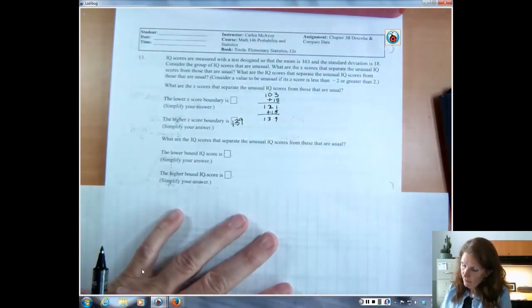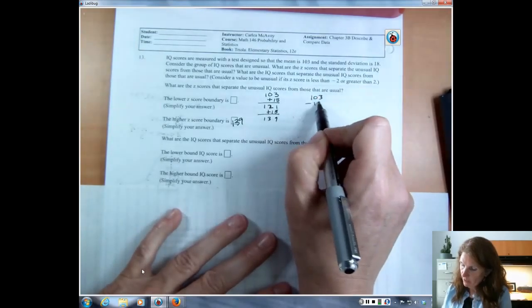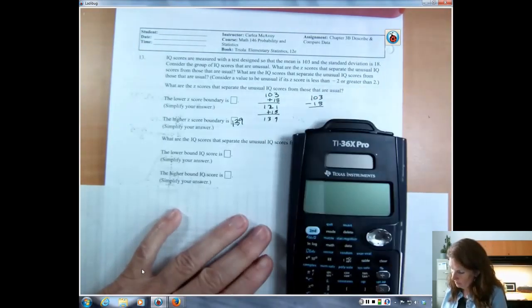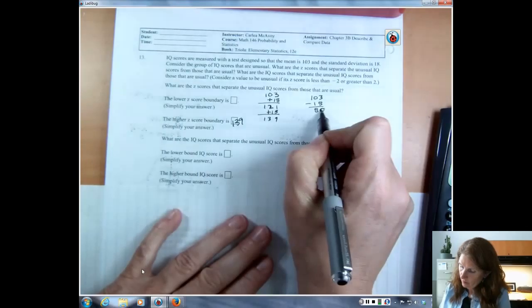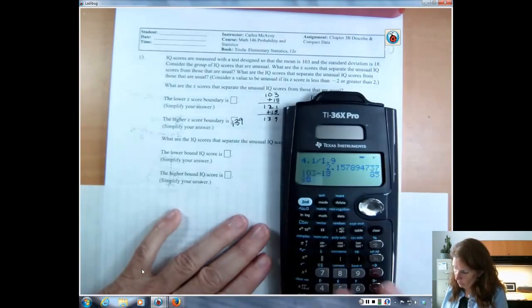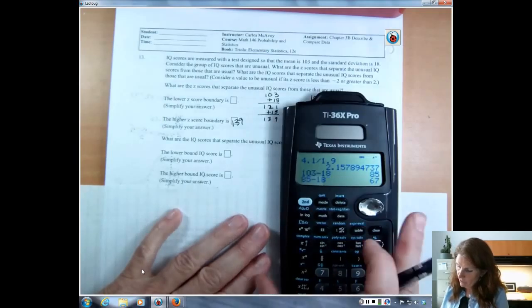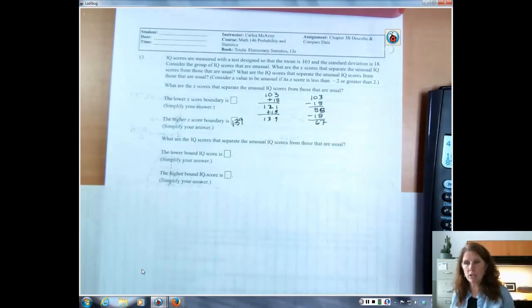If I wanted to find the lower one, which I probably should have done first, I'm going to subtract 18, which is 85, and then subtract it again. The reason I'm doing it this way, this is sort of a cumbersome way, but I want you to see what's actually happening. We're taking off 18 every time we talk about a standard deviation.